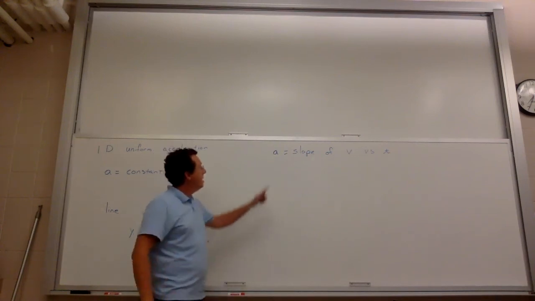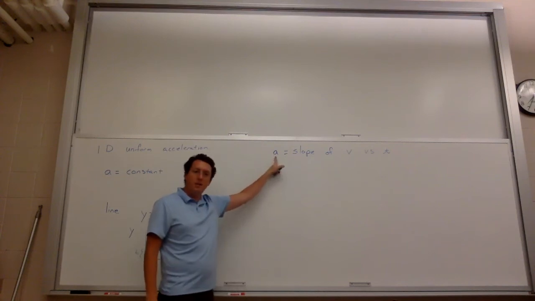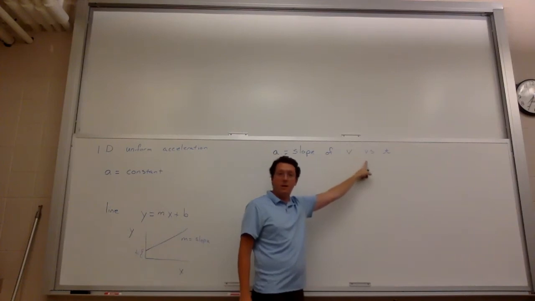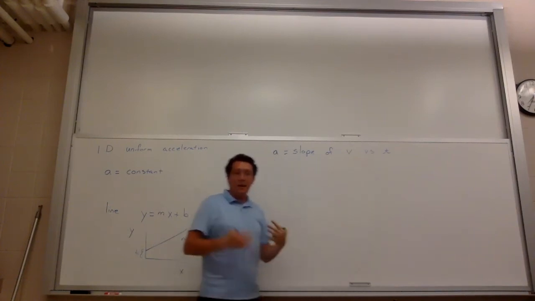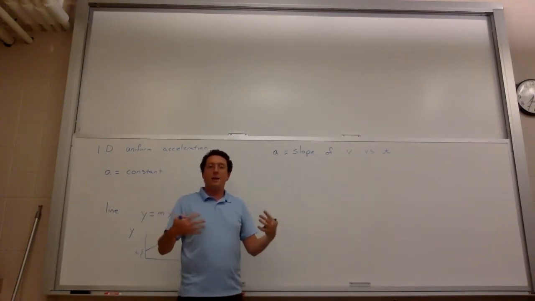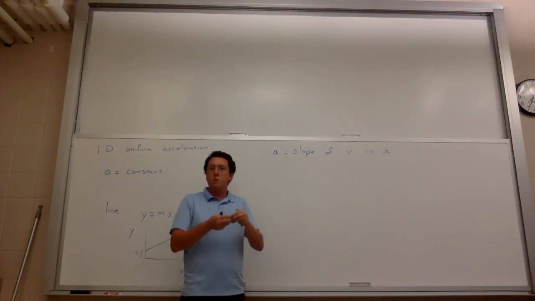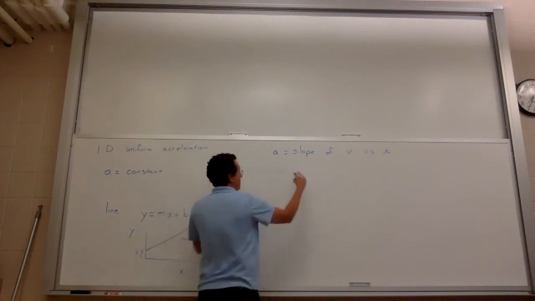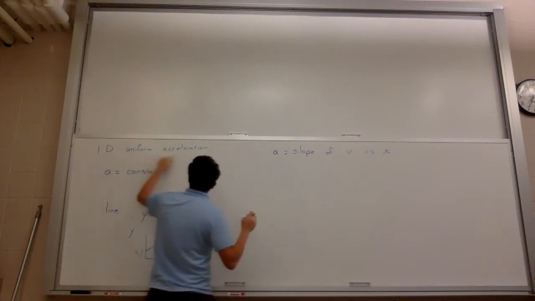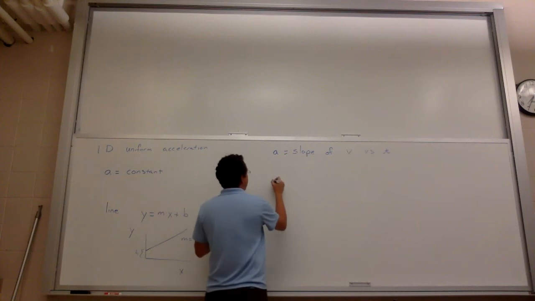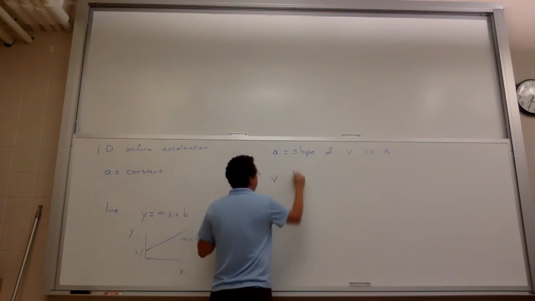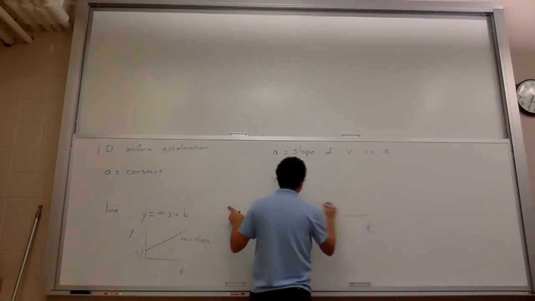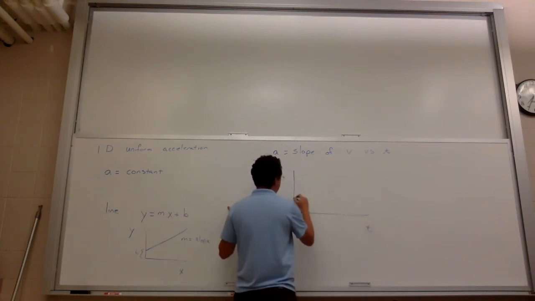If the acceleration is constant, then that means the slope of velocity versus time is constant. And we know from math class that when you have a curve whose slope is always constant, it's a line. So that means that uniform acceleration is the same as the velocity versus time graph being a line.